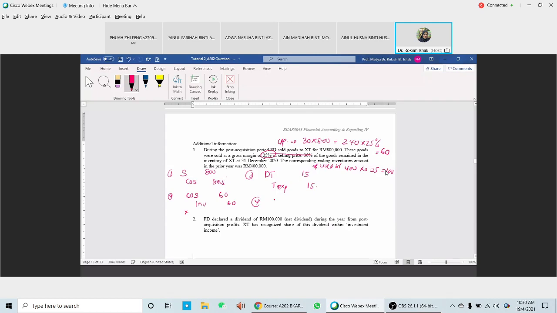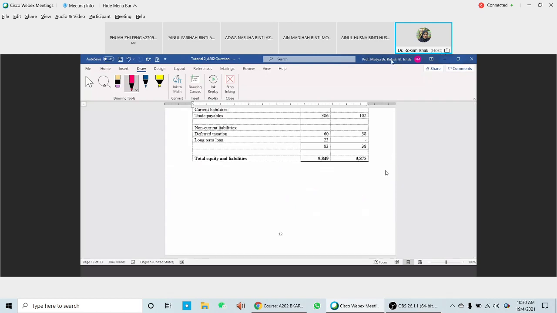Debit the RE and the deferred tax, and credit cost of sales 100. That is 75 for the RE and 25 for the tax expense. This one is to record last year's URP. Any different answer that you have for this one? Similar with this one. Question 5 is easier as compared to question 4.